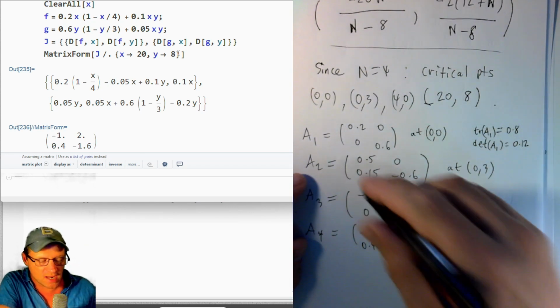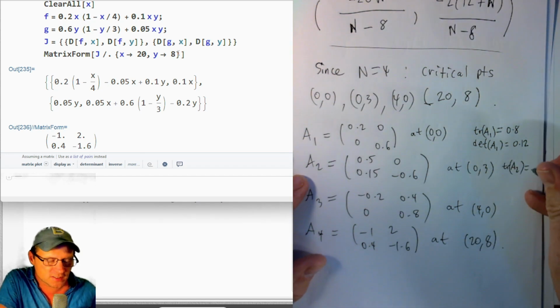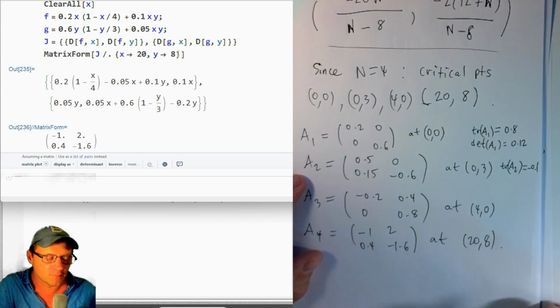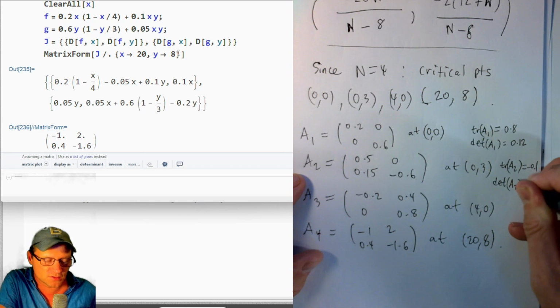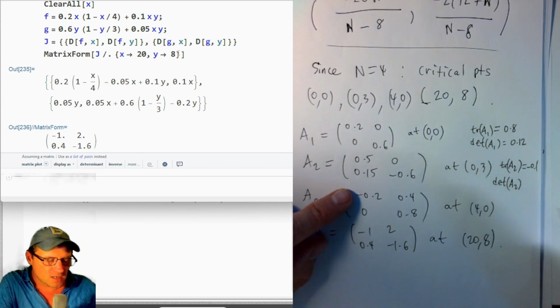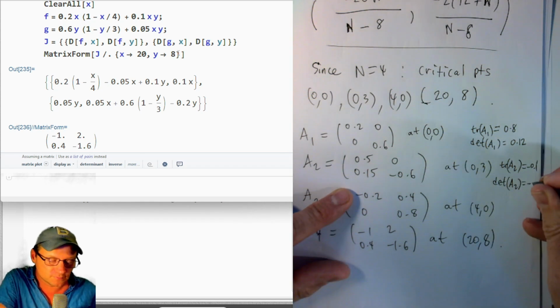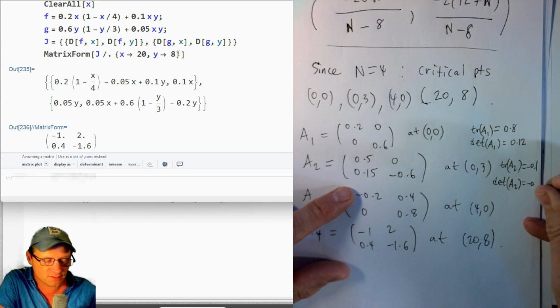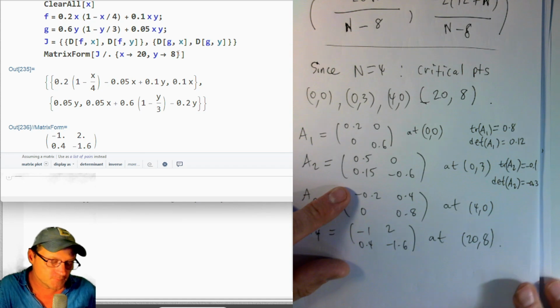All right, so we have the trace of A2 is minus 0.1. And the determinant of A2 is a negative number. So it's minus 0.3, I think? Yes, minus 0.3.